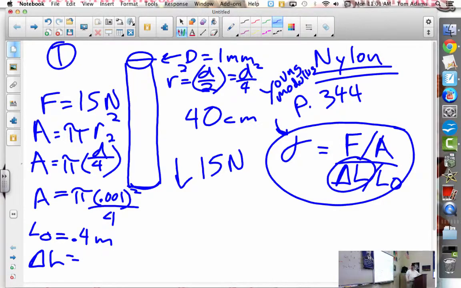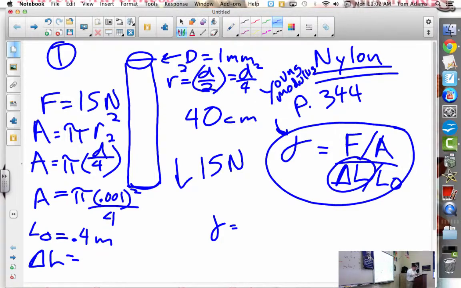All right. So based on that information, we have pretty much what we need to know. The only thing I don't know is what gamma is. Now, gamma is Young's modulus. It's like the elasticity of the material. And so on page, I'm trying to find the page number, but this was also in your notes, but it's in your textbook.